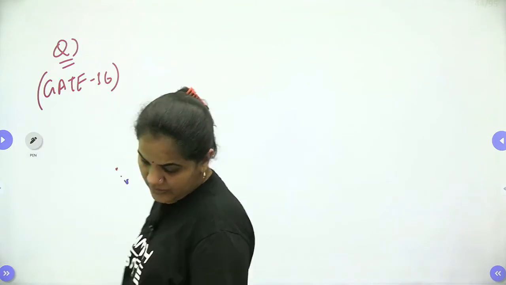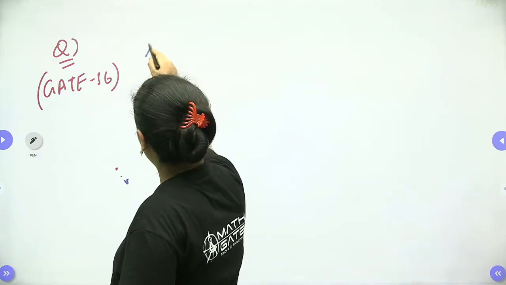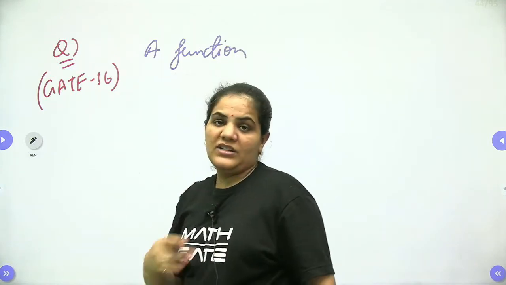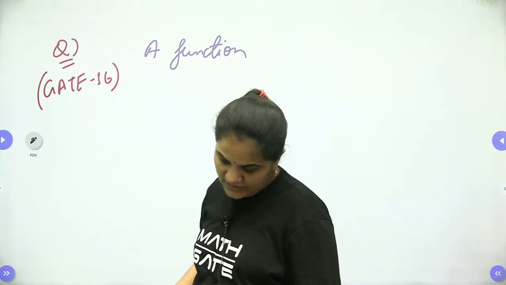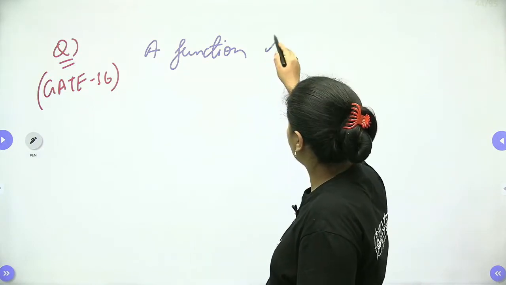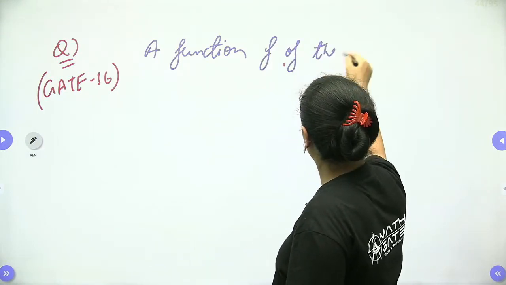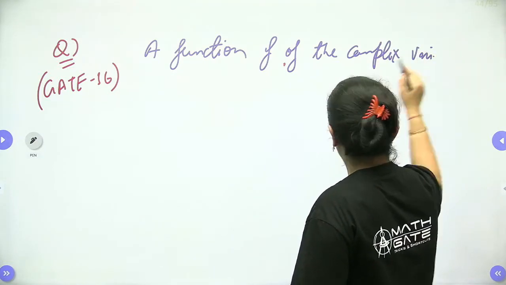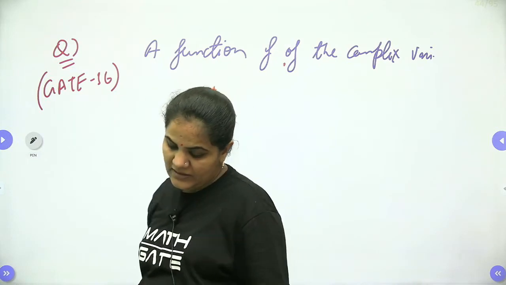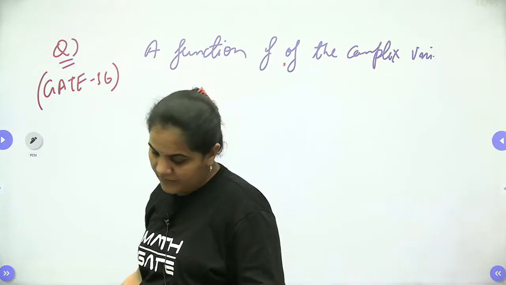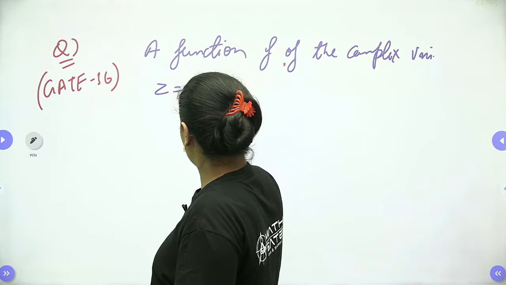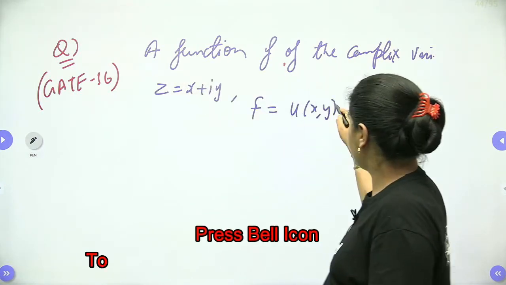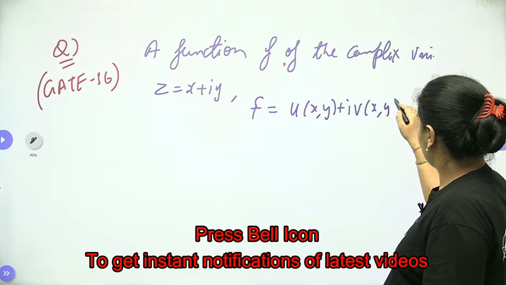Let me write down the function. A function f of the complex variable z equals x plus iota y is given as f equals u(x,y) plus iota v(x,y).